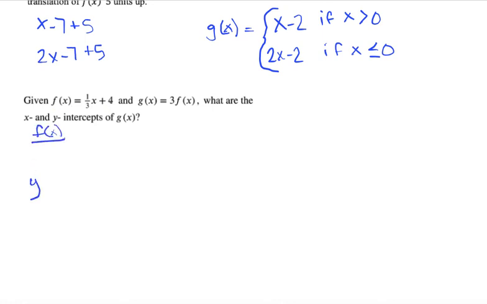My y-intercept is that nice and easy one, that's 4. To find my x-intercept, I have to put 0 in for y. So 0 equals 1/3 x plus 4, subtract 4, and then multiply by 3. So my x-intercept is negative 12.